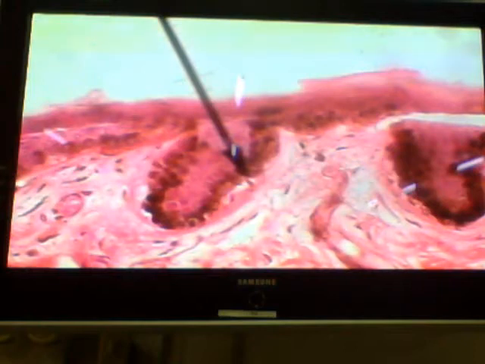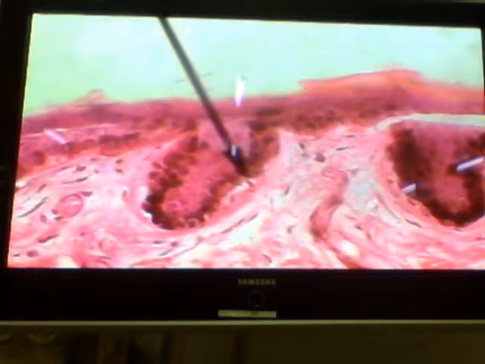Spinosum. Right, so above the germinativum, you're going to have the spinosum layer, and then another layer where the proteins within the cell are becoming more pycnotic. They are becoming denser, coming closer together, so you have the stratum granulosum.